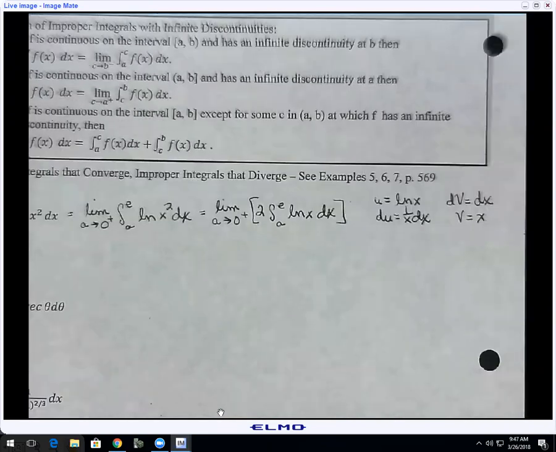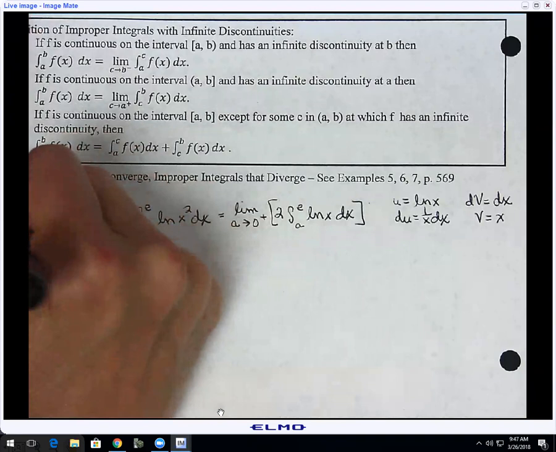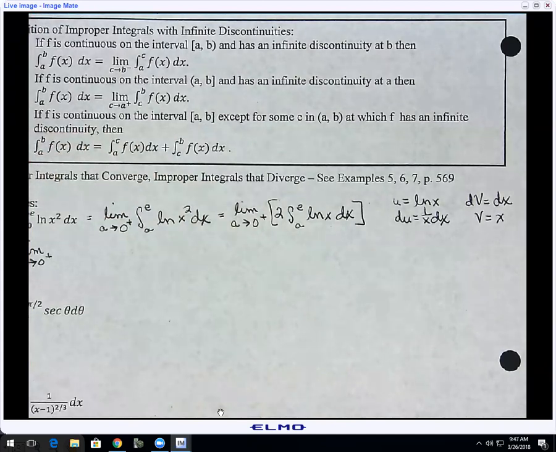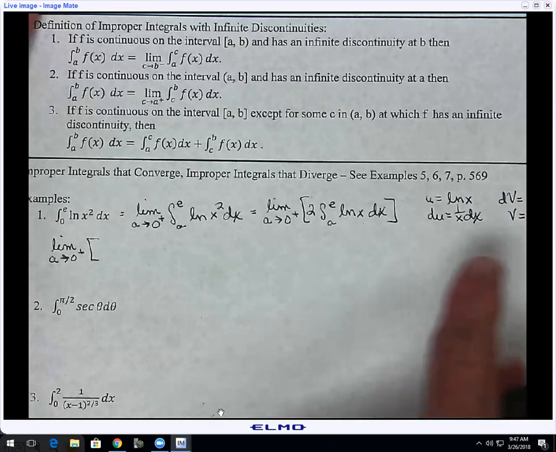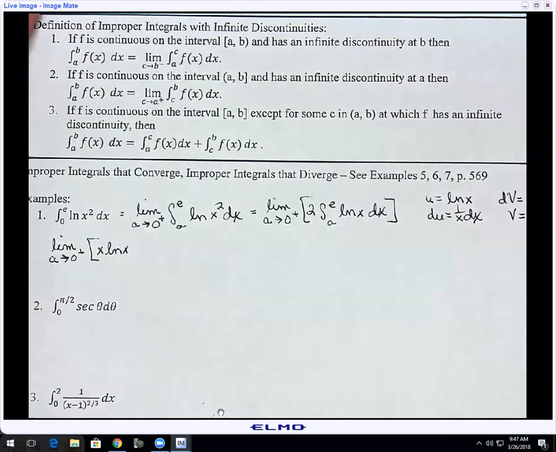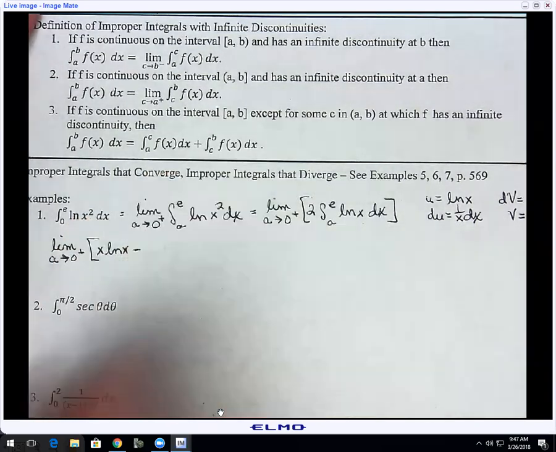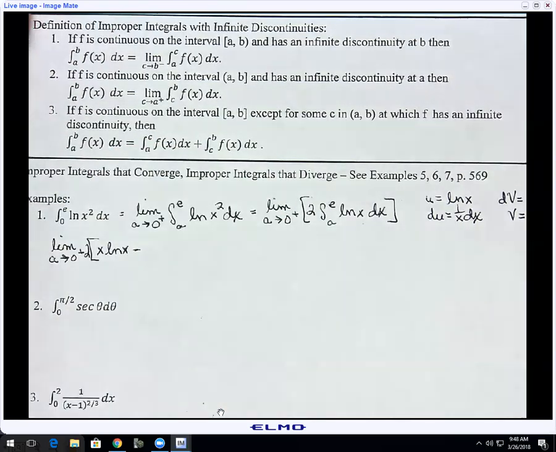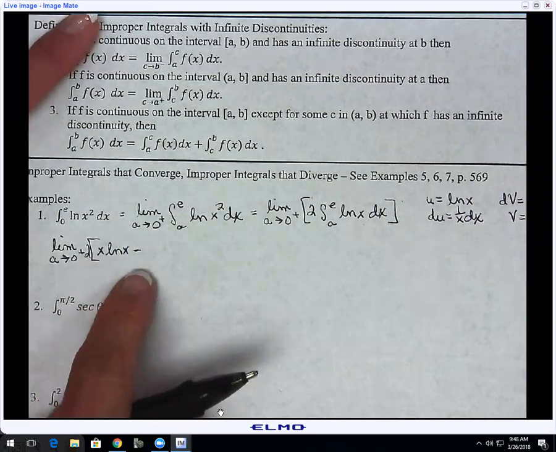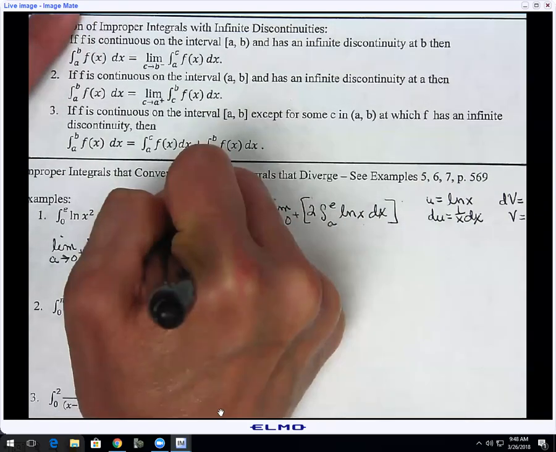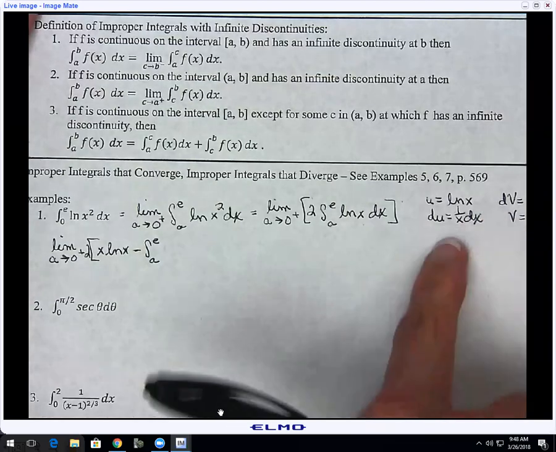So, don't lose my limit notation. Limit as a goes to 0 from the right. And then my integration by parts begins: uv, x natural log of x. Would you put the 2 out front instead? Yes, thank you. Keep an eye on me. Still got that 2 out front. uv minus the integral from a to e of v du.